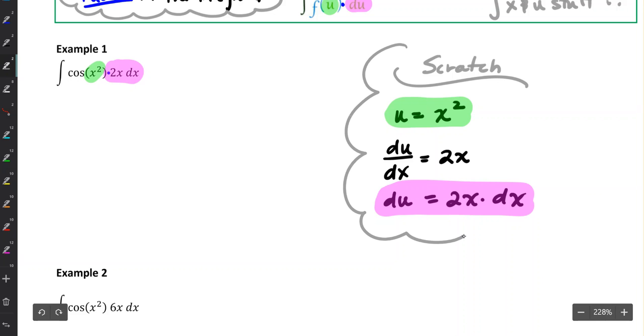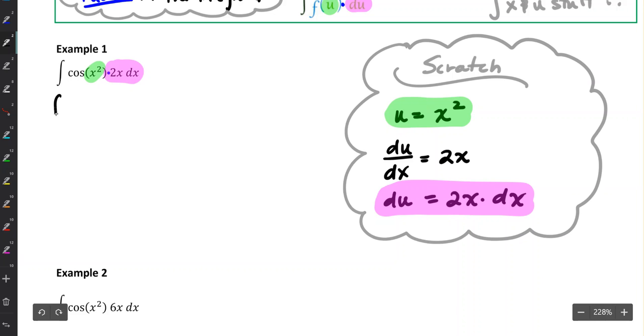All right, so making the substitution, I'm going to integrate cosine of u and then times du. Delightful. The derivative of what function is cosine u? The derivative of sine u is cosine u.